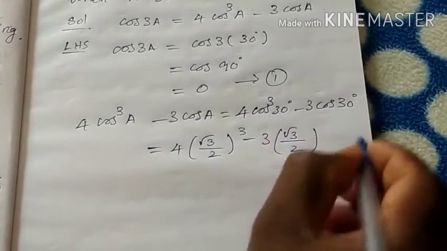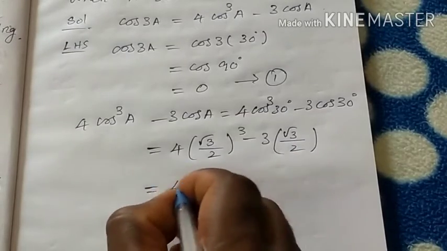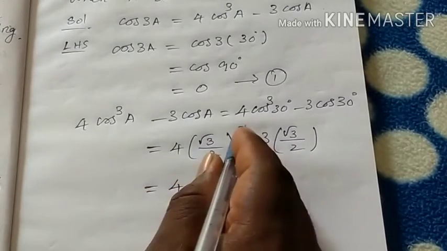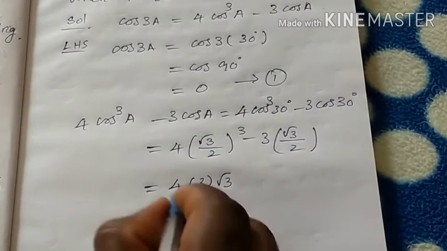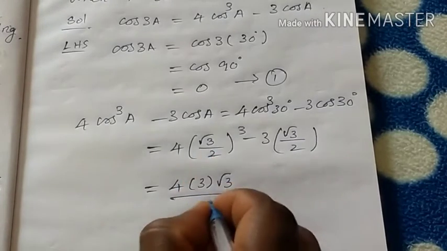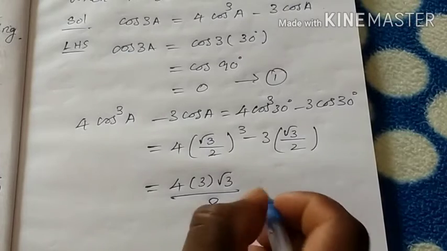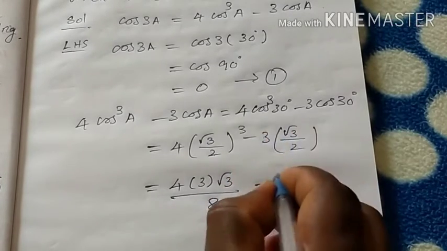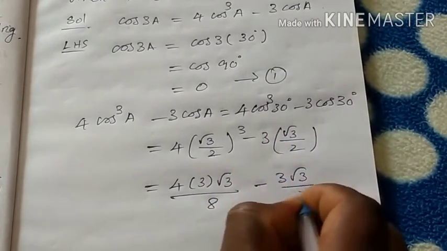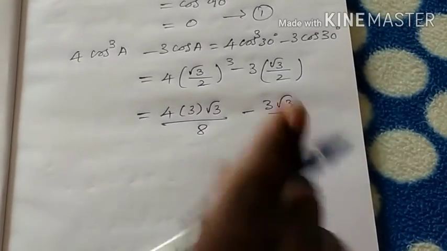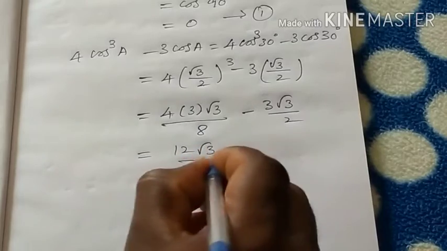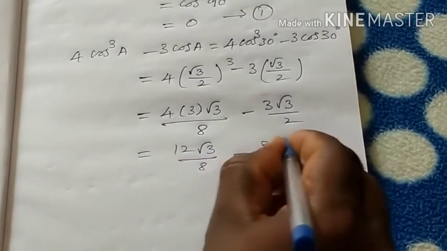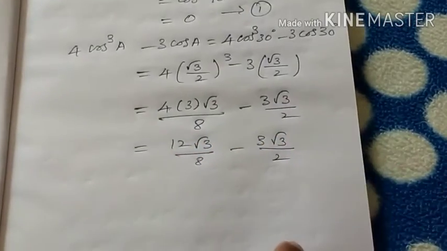Okay, which is equal to 4 into root 3 power cube is 3 into root 3, divided by 2 cube is 8, minus 3 into root 3 divided by 2. Okay, this is equal to 4 3s are 12 root 3 divided by 8 minus 3 root 3 divided by 2.